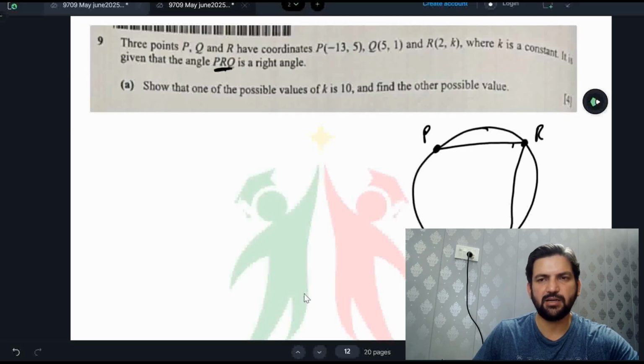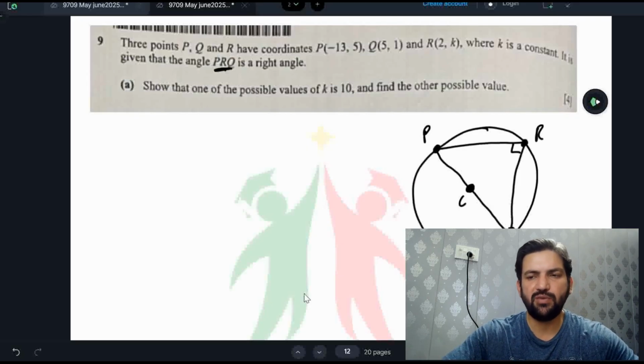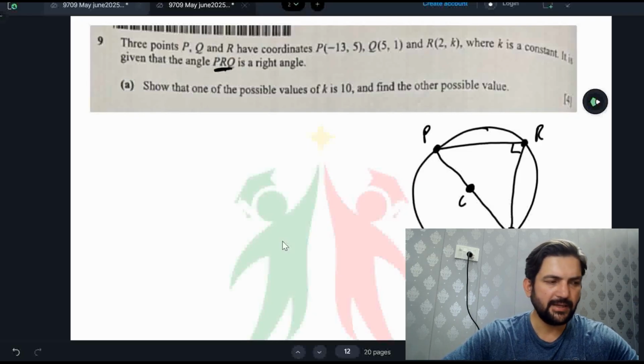We know the property of a circle that the angle subtended by a diameter will always be equal to 90 degrees. So this angle is 90 degrees.